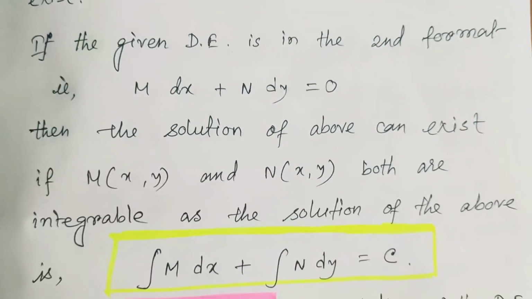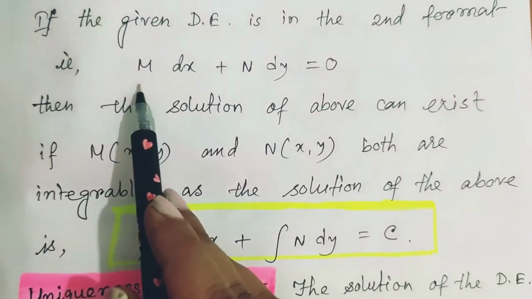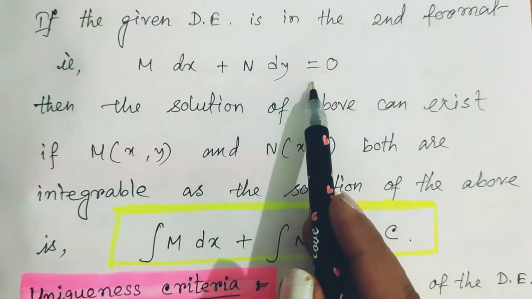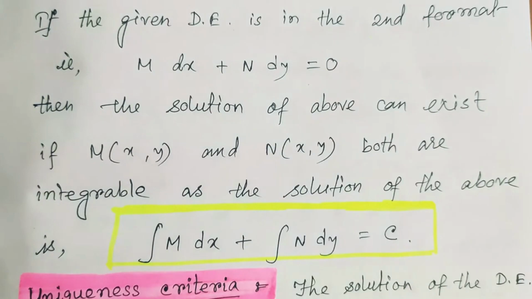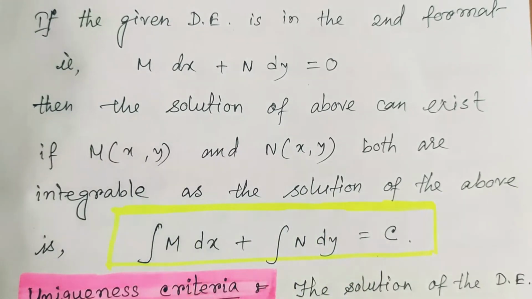We know the another form also for the differential equation, which is this one. So from here also if we integrate entirely, then we shall find this one, from where if we can say that M and N both are integrable, then we say that the solution of this differential equation exists. So this is the existence for the differential equation.